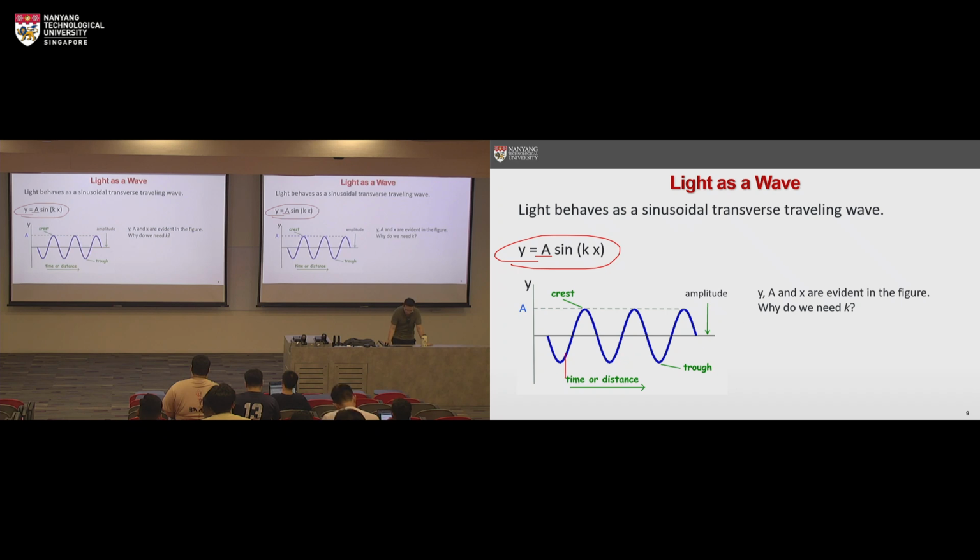You can define a certain frequency depending on how many waves you have per second. You can also define something called wavelength, which is defined as the distance from one wave to the next. This is called the wavelength. All of these should not be very unfamiliar. When you deal with a wave function, with a sinusoidal wave, these are properties that you often see.